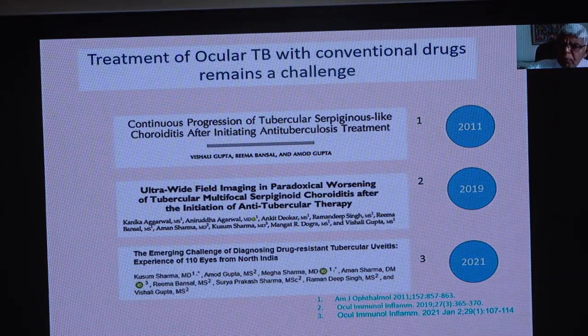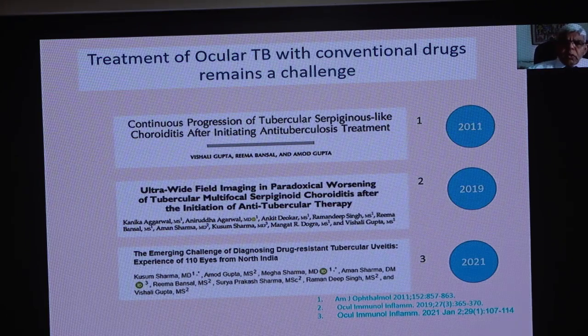Now, we typically treat these patients of TB uveitis, once we make the diagnosis, with 4 drugs. I'm not going to go into details of the conventional drug therapy along with corticosteroids, because most of the reaction in the eye is an autoimmune reaction to the presence of TB antigen or TB bugs in the ocular tissues.